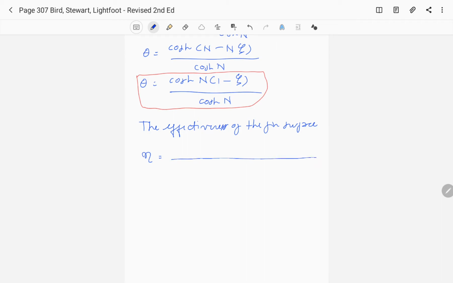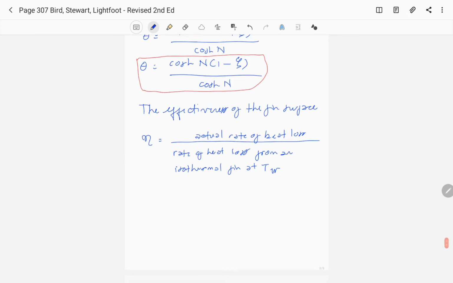So this one will be the actual rate of heat loss, and the one on the bottom is the rate of heat loss from an isothermal fin at Tw.